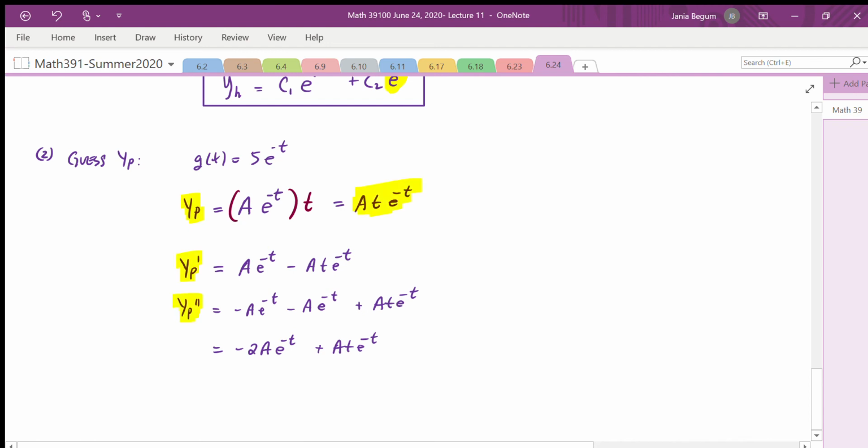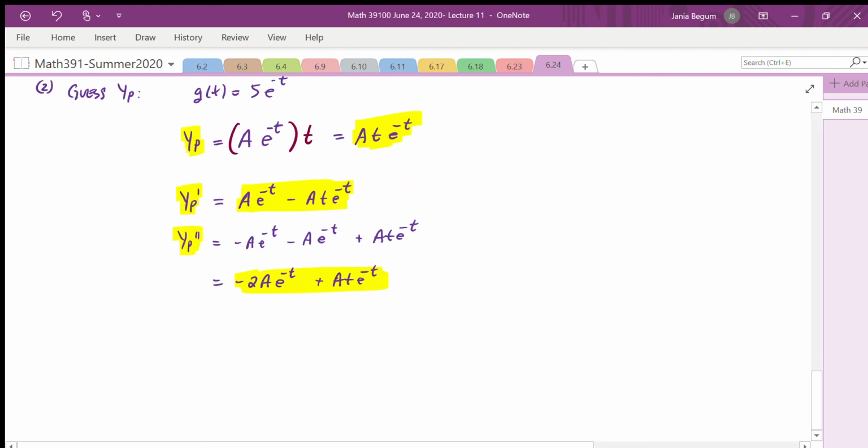And these are the expressions I'm going to plug into my original equation so I can solve for my undetermined coefficient, which is a in this case. So there's only one coefficient. Let me know if you guys have questions. I'm going to go ahead and plug in yp, yp prime, and yp double prime into the given equation.